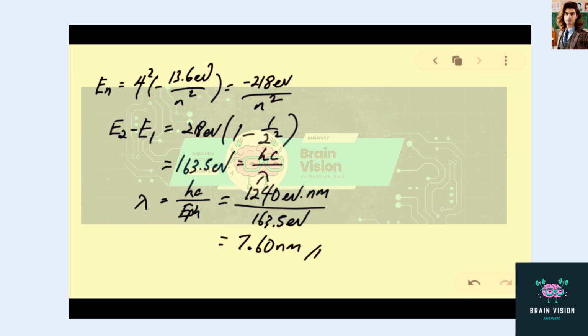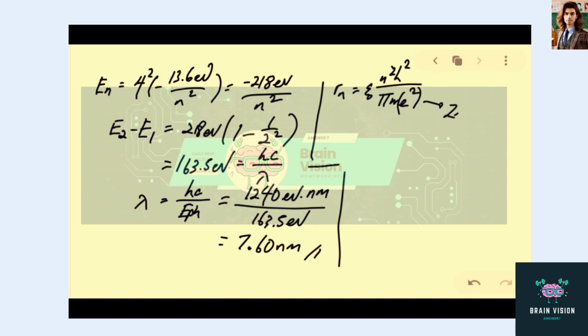For the last part, we want to find the radius of our beryllium for a general n value. We know that the equation for hydrogen, the radius, is epsilon naught times n squared h squared over pi m e squared. Now remember that if you want to convert it into a hydrogen-like atom or ion, we just have to replace the e squared with Z e squared.